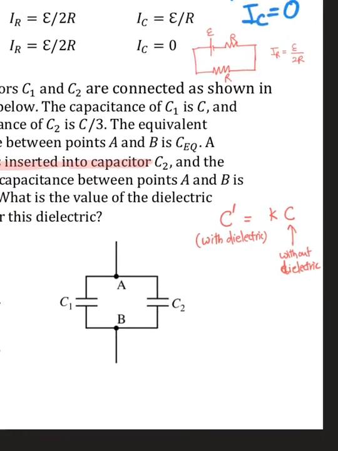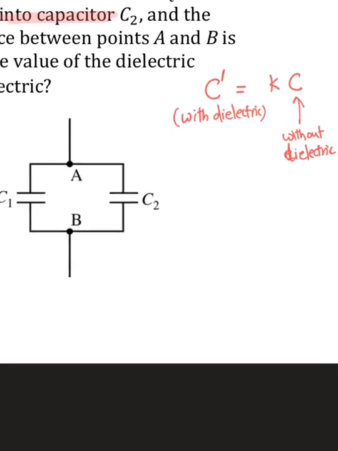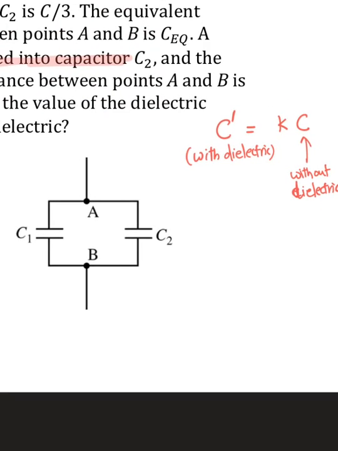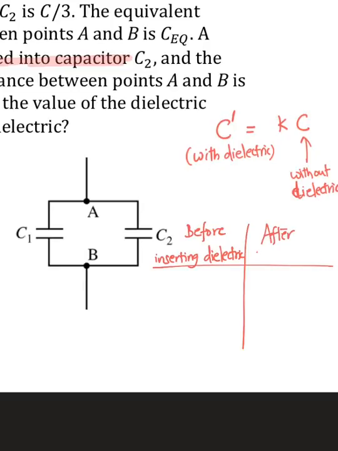So let's check here. We have got two situations, one before and one after. So let's make a small table here. This is before inserting the dielectric, and this is after inserting the dielectric.